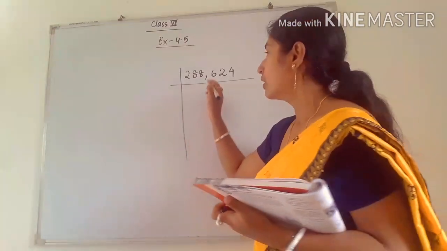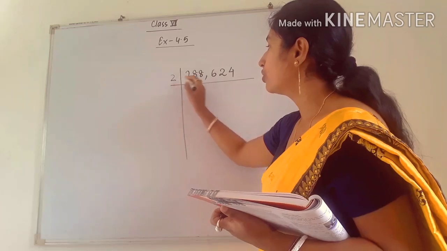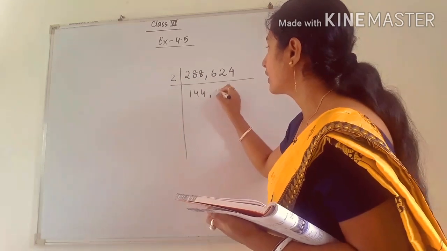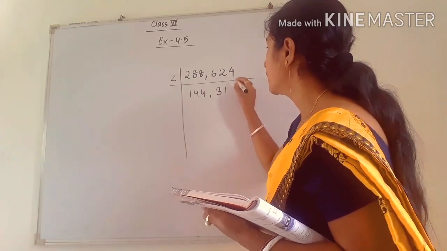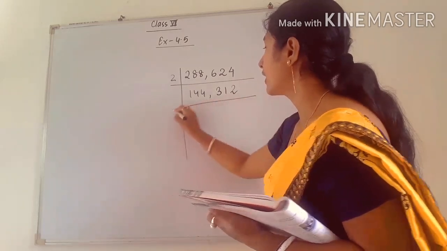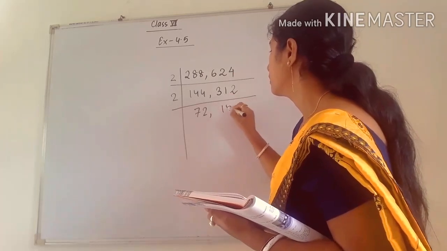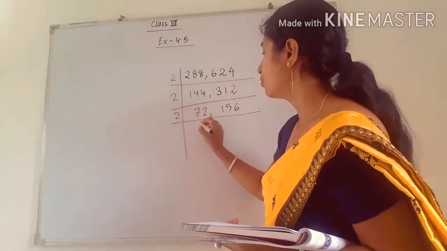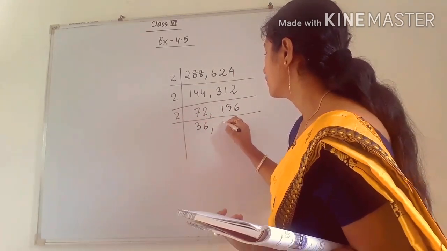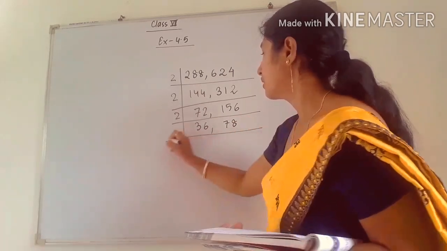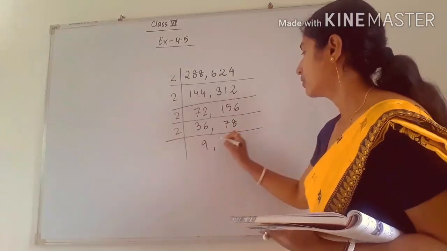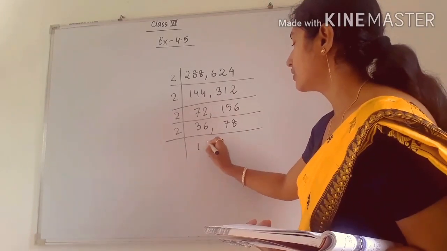So divide these numbers by 2, you will get 144 and 312. Again you can divide by 2, you will get 72 and 156, again 2, 36 and 78.